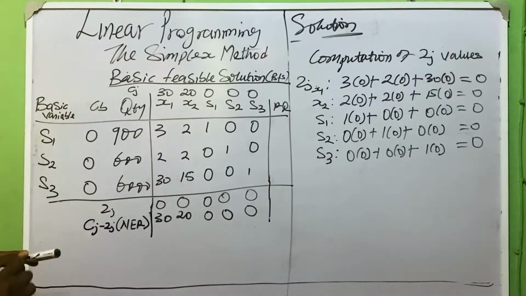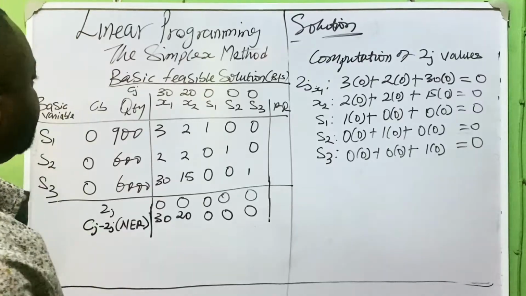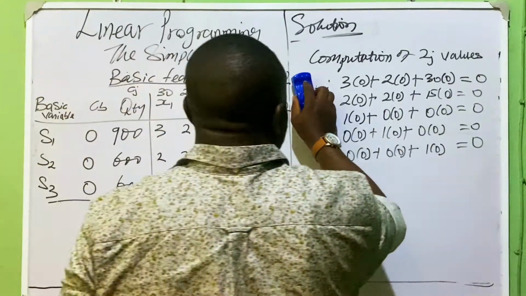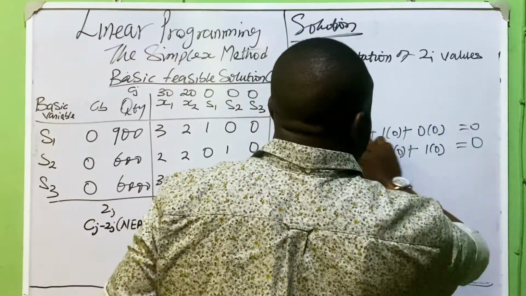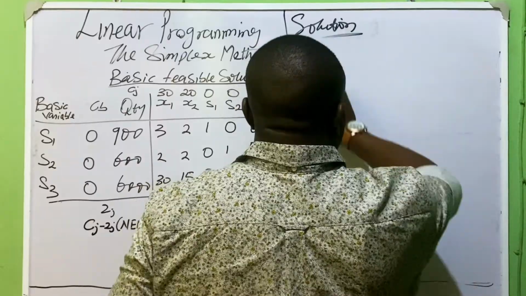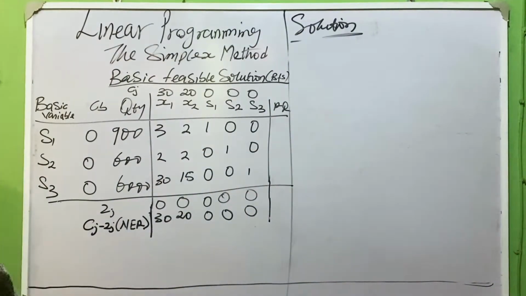So we have not attained optimality at this point. The next thing will be to find a way to improve on the position at this point. So we are going to transform to be able to improve on what we have now.